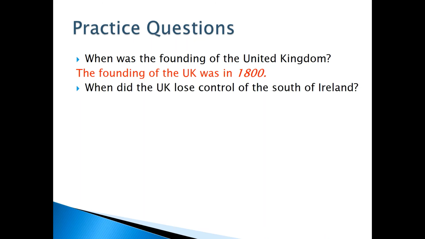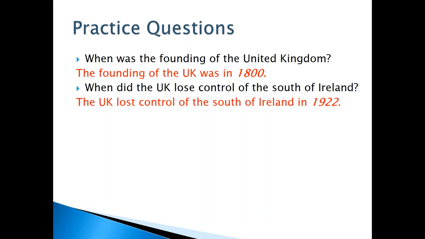When did the UK lose control of the south of Ireland? The UK lost control of the south of Ireland in 1922.